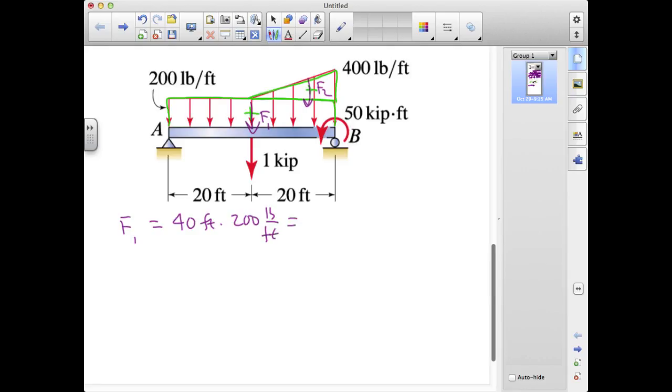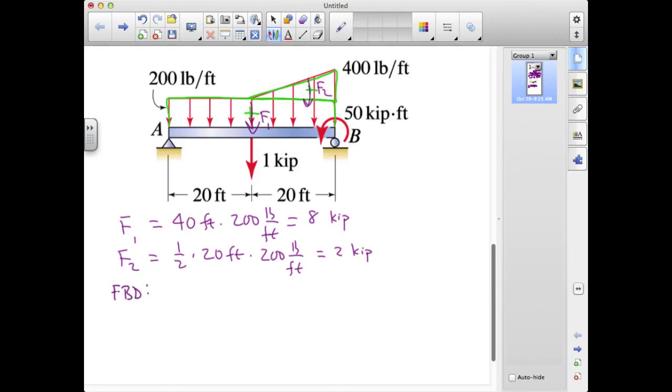That's 8,000 pounds, or 8 kip. F2 is 1/2 its base, 20 feet, times its height, and that would be the difference between 400 pounds per foot and 200 pounds per foot, or an additional 200 pounds per foot. That gives us 2,000 pounds, or 2 kip.